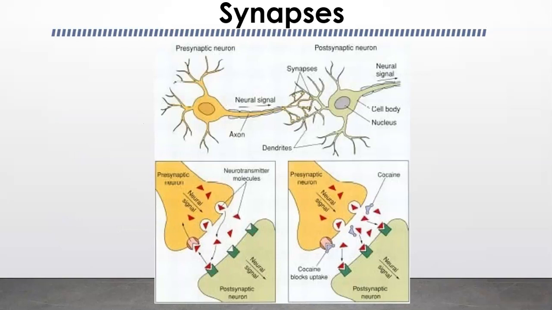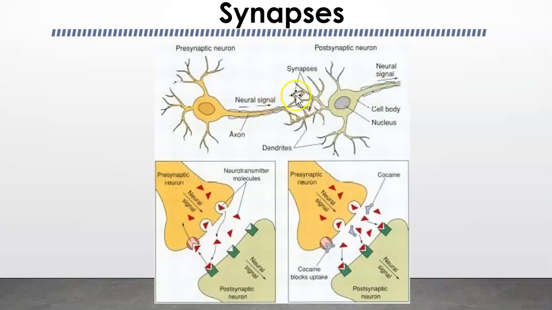So this is what a synapse can look like. If you notice in the top figure here, then you have what's called the presynaptic neuron. So that's the first cell that's sending the signal. And then we have a postsynaptic neuron. And so the postsynaptic neuron is the neuron that's getting the signal.